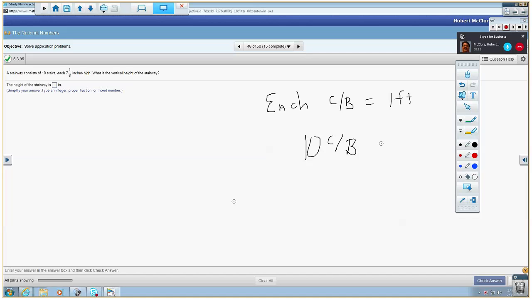How high can I stack those cement blocks? Okay, it's supposed to be real simple. You're supposed to say, oh, that's blah, blah, blah. Each cement block is 1 foot tall, and I got 10 cement blocks in a pile and I want to stack them. How'd you get it?